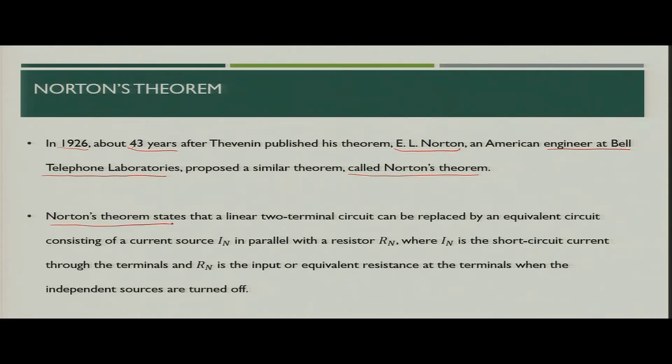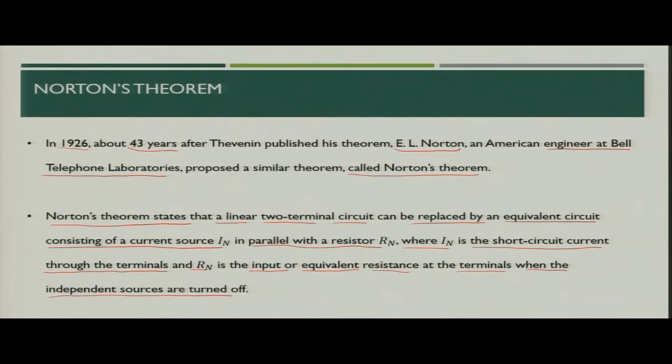Norton's theorem says that a linear two terminal circuit can be replaced by an equivalent circuit consisting of a current source IN in parallel with resistor RN, where IN is the short circuit current through the terminals and RN is the input or equivalent resistance at the terminals when the independent sources are turned off.